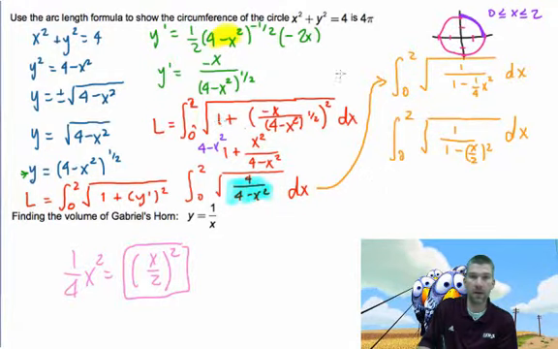So now back over here with all my limit process stuff, let's do this. When I integrate this, I'm going to have the arc sine of x over 2.